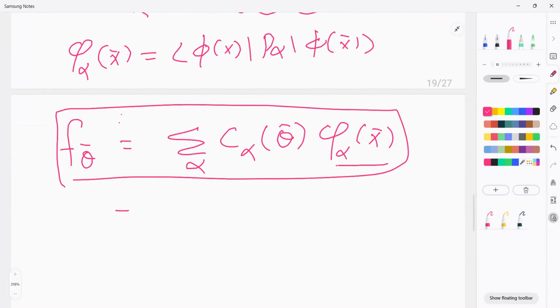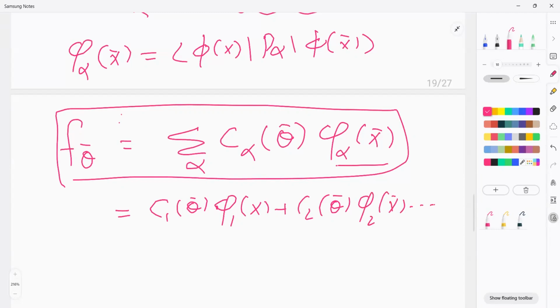So I can expand it and write it like this: C1 of theta phi 1 of x plus C2 of theta phi 2 of x, and so on. Where these C1, C2, etc., are the trainable parameters that we are going to vary in the model. And this phi 1, phi 2, etc., is our new features.